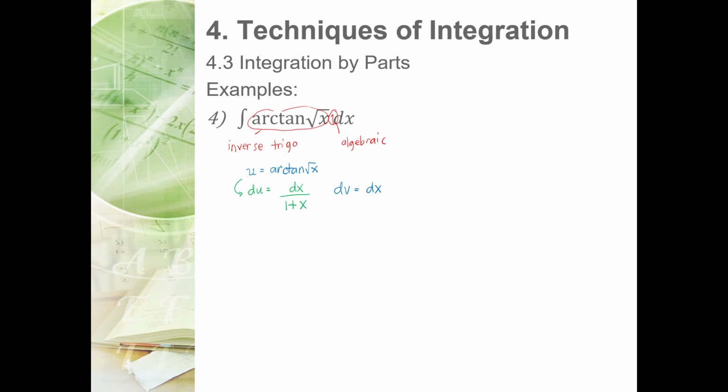It's just arctangent directly, and the u parameter is square root of x. So a squared plus u squared would be 1 plus the square of the square root of x. You cancel out the square root, that's why it's now 1 plus x. So this one is the v parameter, so it's just the x variable.